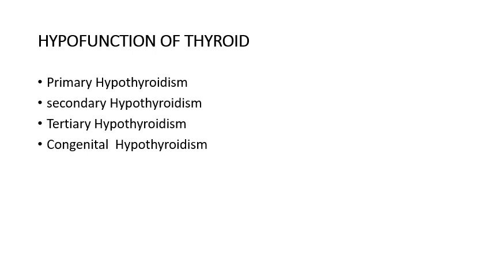When the hypothalamus is secreting inadequate thyrotropin releasing hormone, it is called tertiary hypothyroidism. Congenital hypothyroidism can be due to genetic defects in the synthesis of thyroid hormone. And when hypothyroidism occurs in children, we call it cretinism.